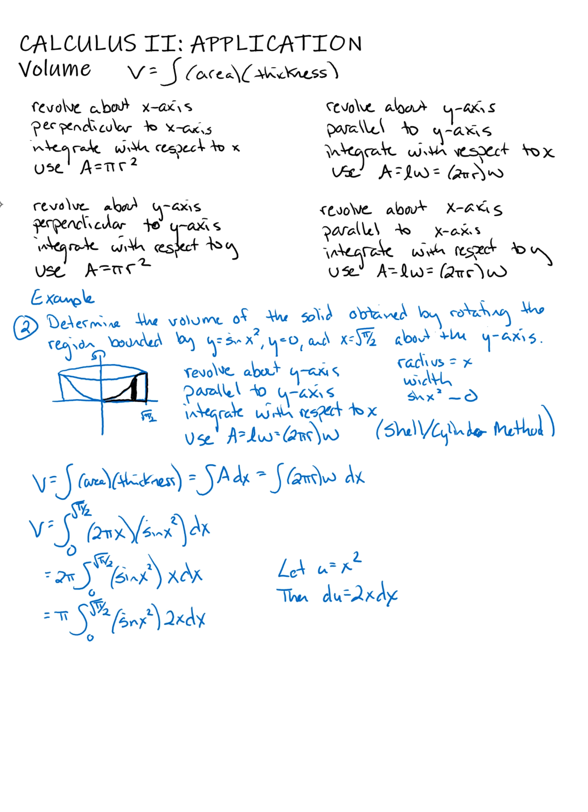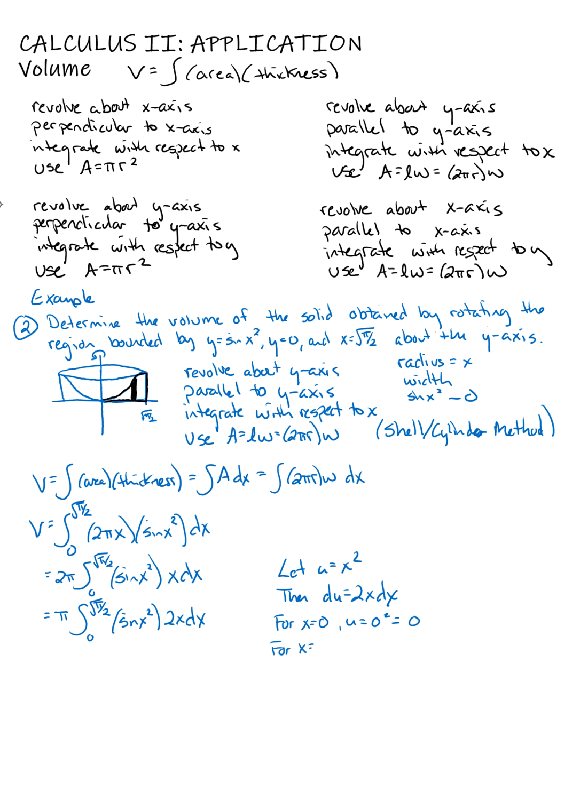So now it's looking pretty good. I think I'm almost ready to perform this substitution, although I need to change those limits of integration. I'm starting with x equal to 0. When x is equal to 0, then u is equal to 0 squared, which is just 0.